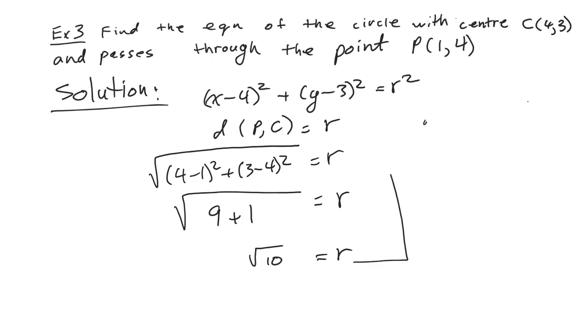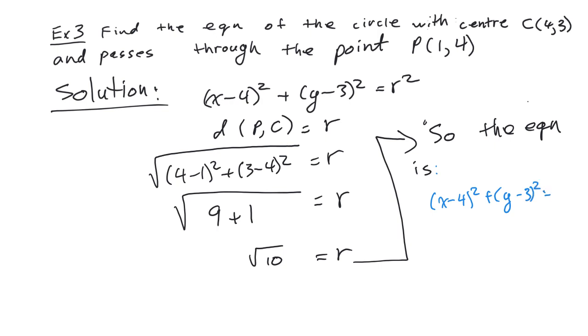So now that means the equation is going to be the following. I'm going to put it in blue. X minus 4 squared plus y minus 3 squared. And when we square a square root, we drop the square root. So we end up with 10. And there is our answer.